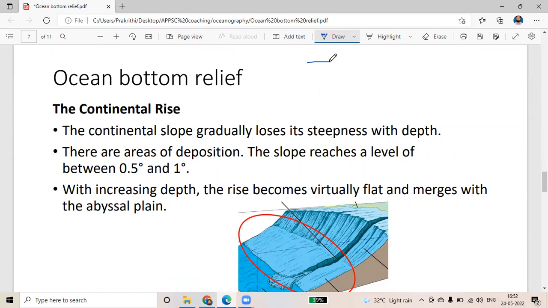Actually, this is part of the continental slope itself. ऐसा continental slope आ गया. तो यहाँ से शुरू हो गया हमारा abyssal plain और the oceanic plain. Oceanic plain यहाँ से शुरू किया. तो यहाँ थोड़ा सा deposition है, बहुत कुछ deposition यहाँ नहीं होगा, that will deposit at this bottom. ये जो bottom है इसका deposition होगा. So there will be some rise region. तो ऐसा vertical slope था, but ये उठ के ऐसा हो गया इसका shape. So this area where the deposition happens, this area we can say is the continental rise region.